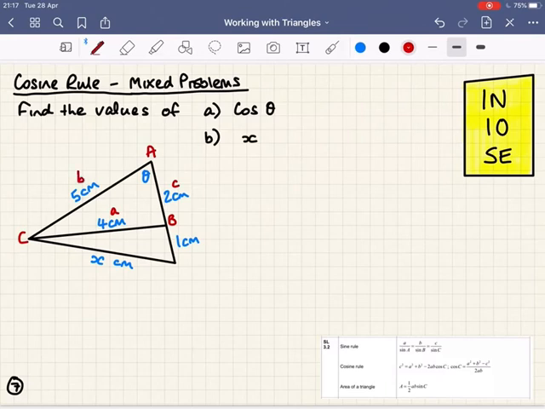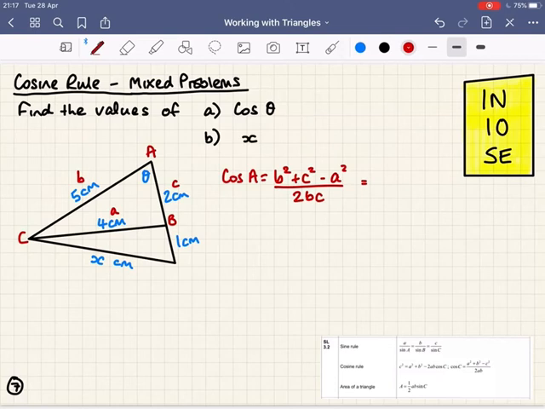So I want cosine A. So that's equal to B squared plus C squared minus A squared all over 2BC. So there's the variant of the formula, and then just put the numbers in here.